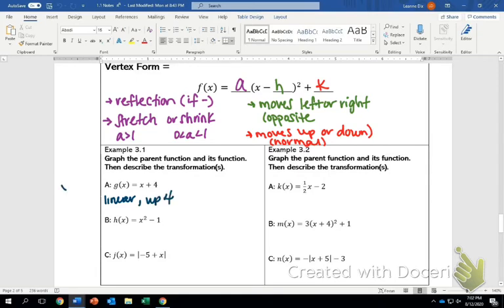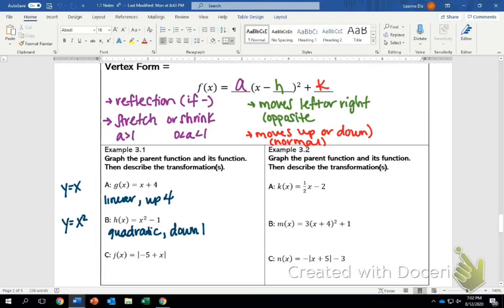And again, I know it's linear because it follows y equals x. So then letter B says x squared. Well, the quadratic equation had an x squared. So because it follows x squared pretty closely, I will say this function is a quadratic. And then I have a -1. Again, not within the grouping, so it has to be the K position. This is going to be down 1.